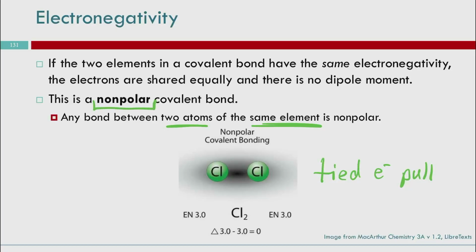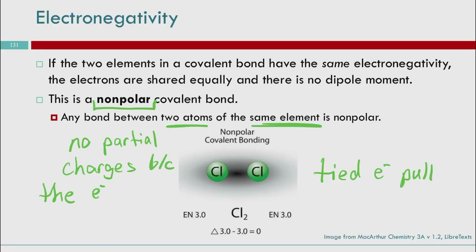And that's one case of a nonpolar covalent bond. There's no partial charges formed, because the electrons are shared evenly.